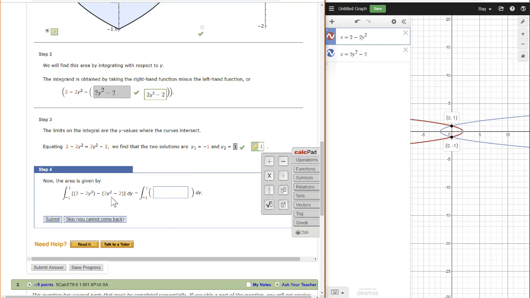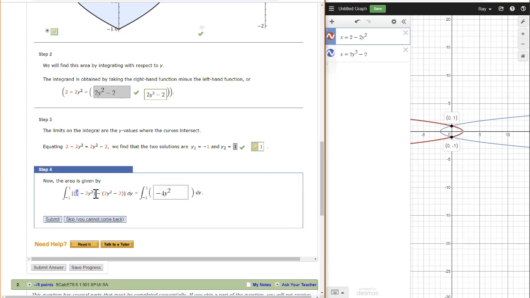They want a simplified version, so minus 2y squared minus 2y squared is minus 4y squared. And then we have a 2 minus negative 2, so 2 plus 2 is 4.